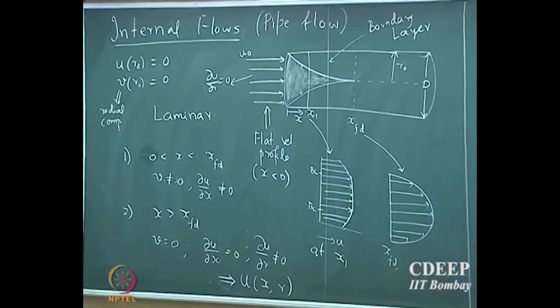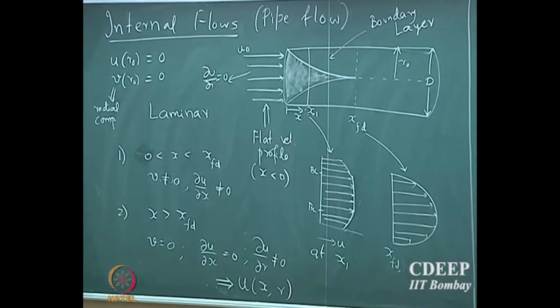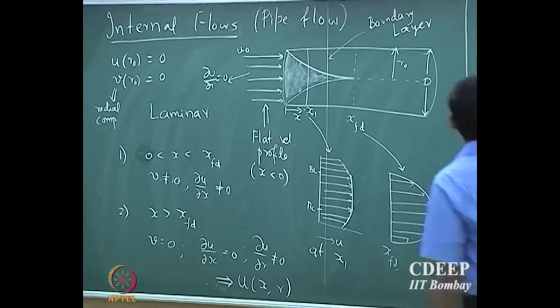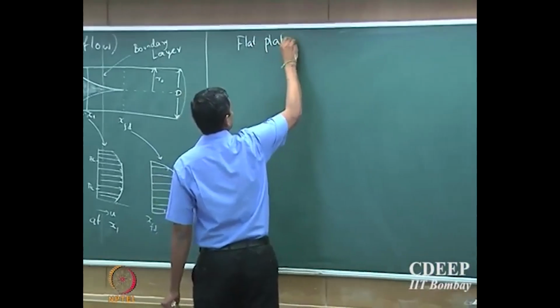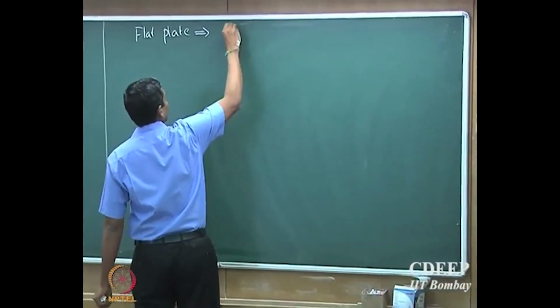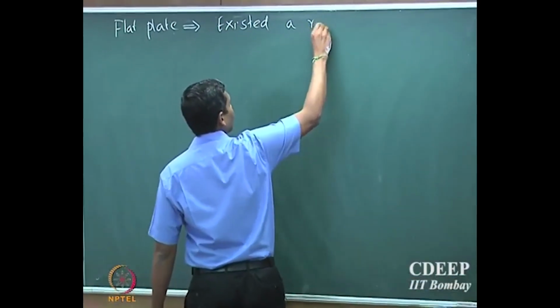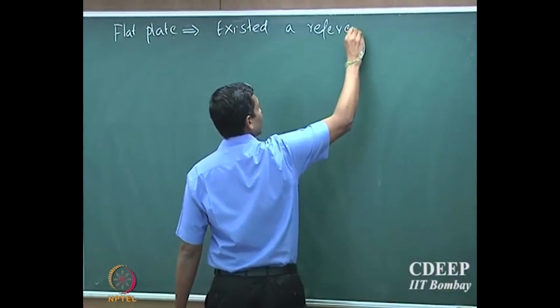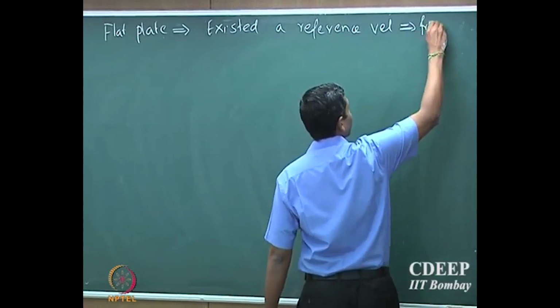So in the flat plate case, we always had a reference velocity, which is basically the free stream velocity.